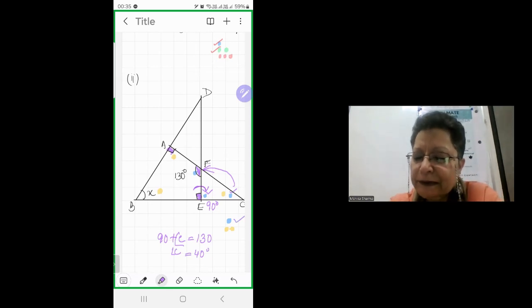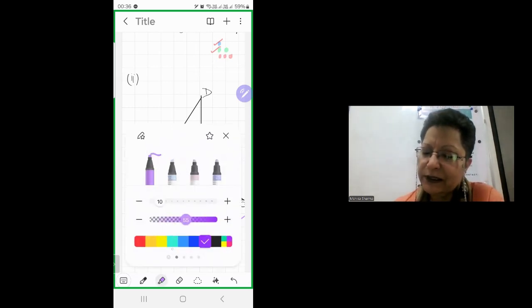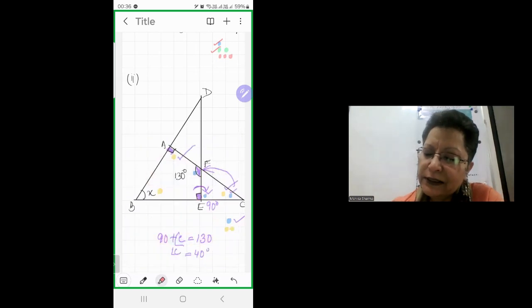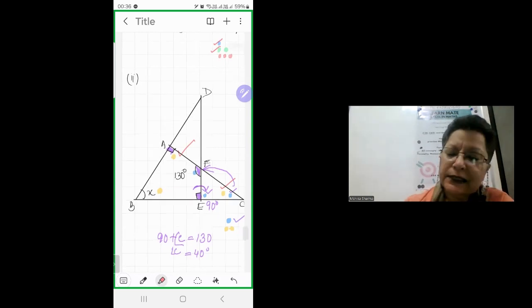You've got 40. Now you need to find out X. Look at this. I have marked three particular angles with a yellow highlighter. So angle C, you've got as 40. This here is already given to you as 90. Can I use another color ink so that it is clearer to you? So this here is 40, and this here is 90. From this, you need to find out the third angle of triangle ABC.